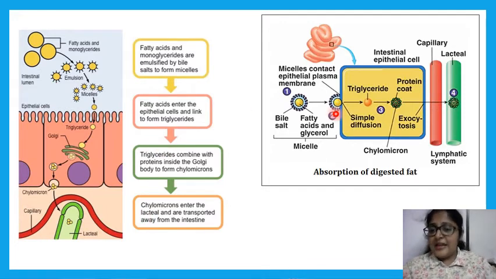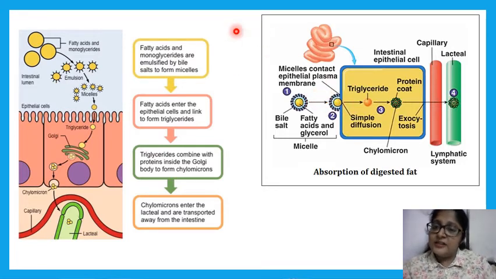In the right hand side picture, the same thing is given, but it is more point wise. So first step is what? Bile salt, fatty acids, and glycerol are forming this micelle. What is this micelle doing? The bile salt along with fatty acid simply moves into the epithelial cell. Once in the epithelial cell, the bile salt is reabsorbed.